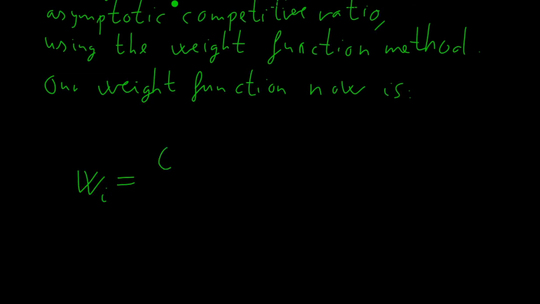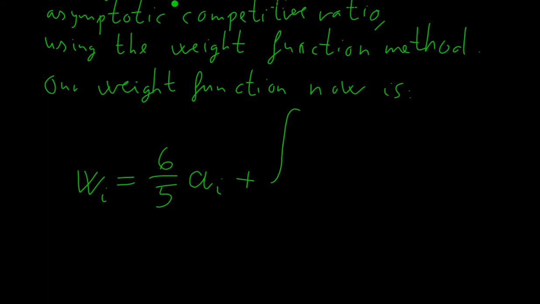So it's 6/5 ai, where ai is the size of the ith item, plus something which depends on ai itself.